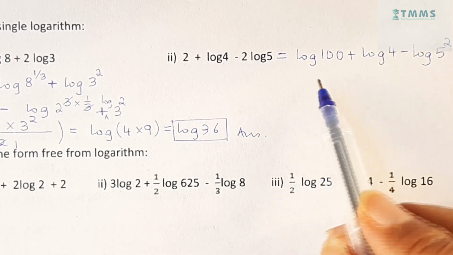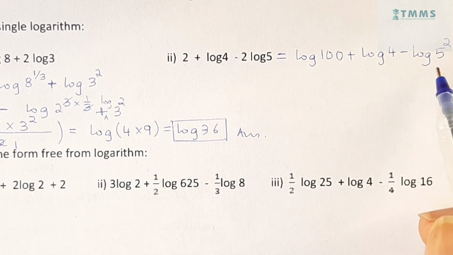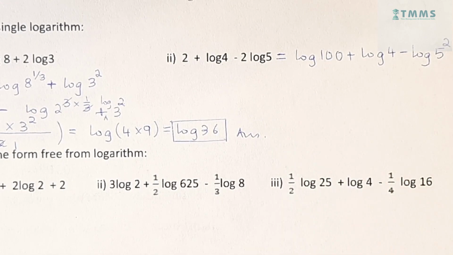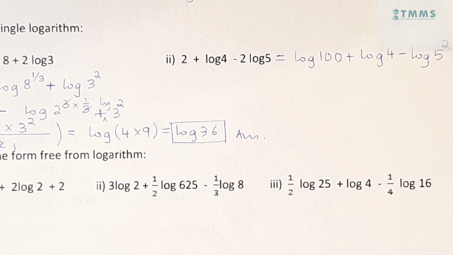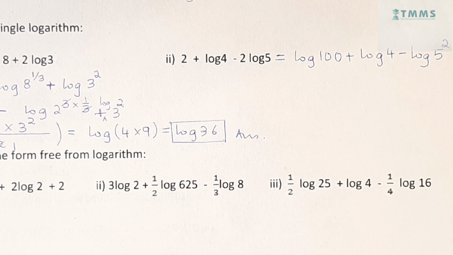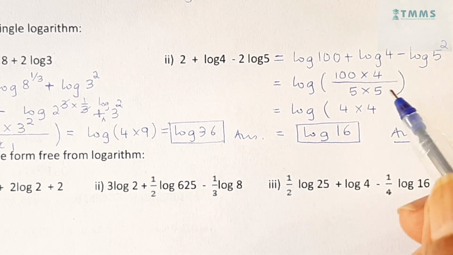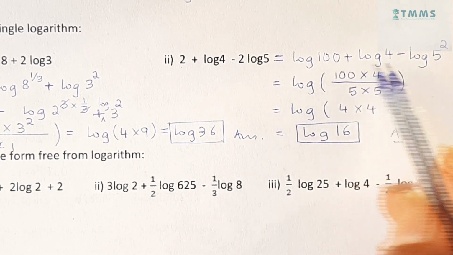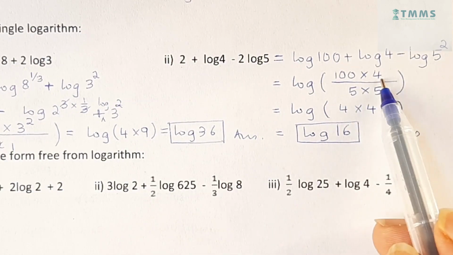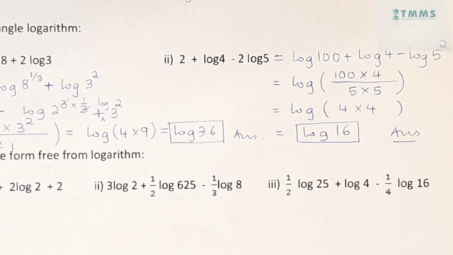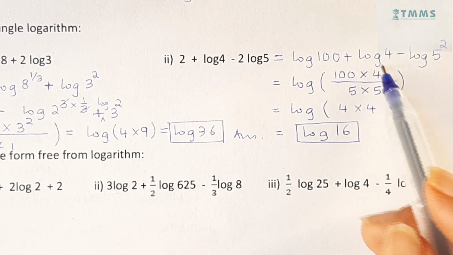Now I'm going to give you little time. You write this down, solve it, and quickly check if you get the same answer. I'm giving you time. Now check your steps. Did you get it right? 100 and 4, they will get multiplied because the logs are added, correct? You understood the trick here?